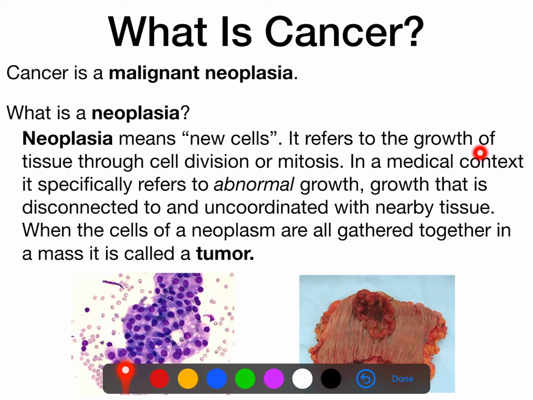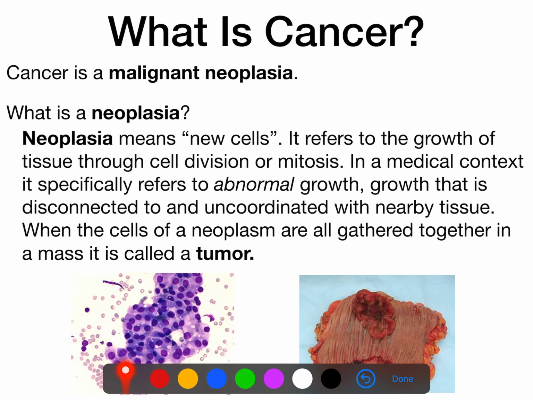So neoplasia specifically refers to the growth of tissue through cell division and mitosis. A neoplasia is just new cells. In a medical context, we talk about neoplasia as an abnormal growth, when you have new cells in a place that should not have new cells.